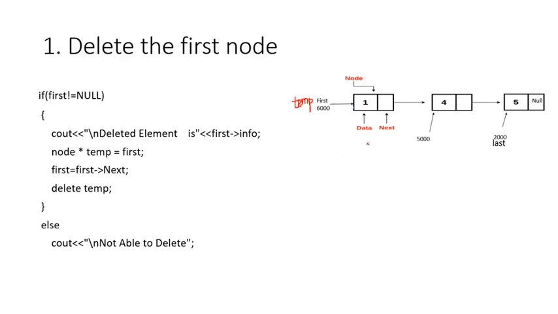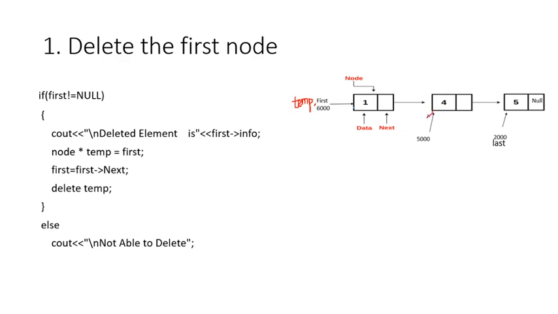Linked list makes use of dynamic memory allocation, so it becomes the responsibility of the programmer to deallocate the node as and when we perform the deletion operation. So the first pointer is copied into temp. After that we are incrementing the first pointer: first is equal to first arrow next.